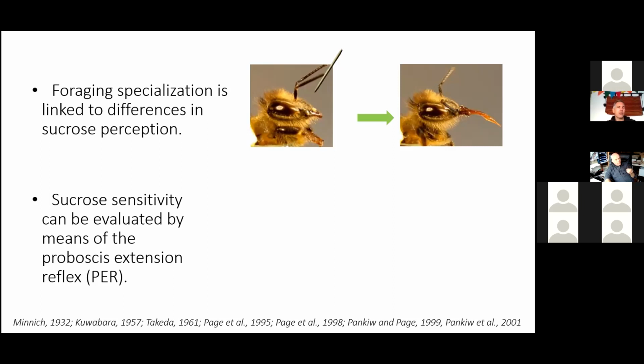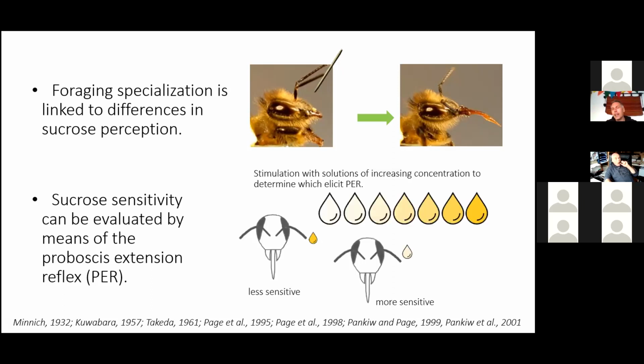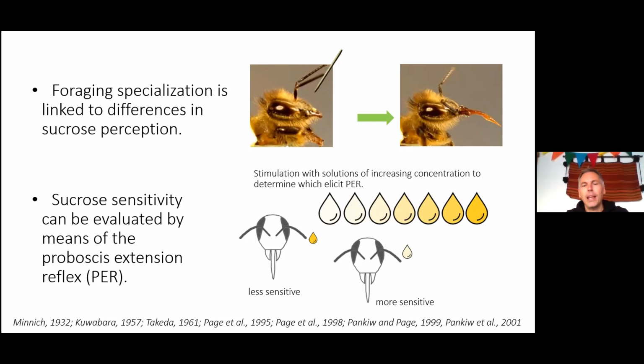The proboscis extension reflex is an innate response elicited after we touch the antennae of the bee with a sufficiently concentrated sugar solution. Sensitivity can then be estimated by stimulating the antennae with solutions of increasing concentrations and determining which concentration is enough to elicit the extension of the proboscis.